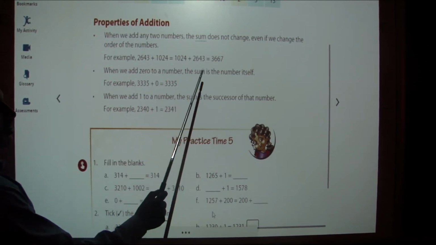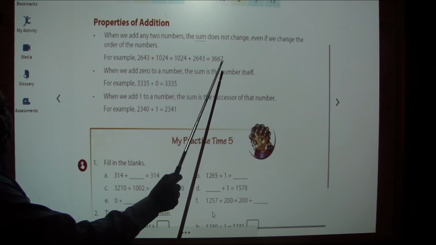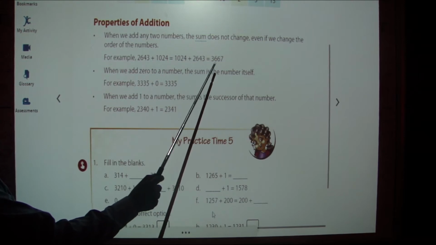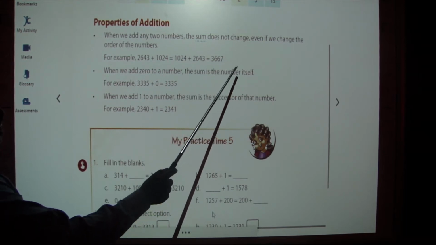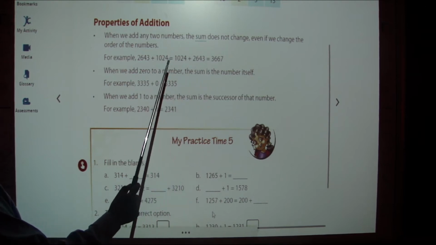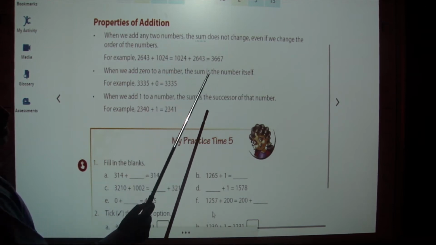We add the two numbers and get 3667. Our answer is the same, but the order is different.